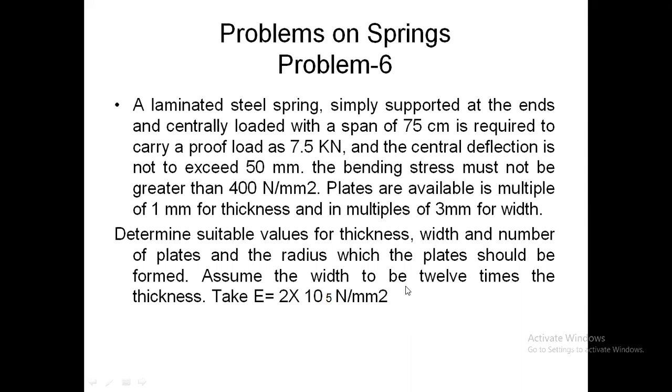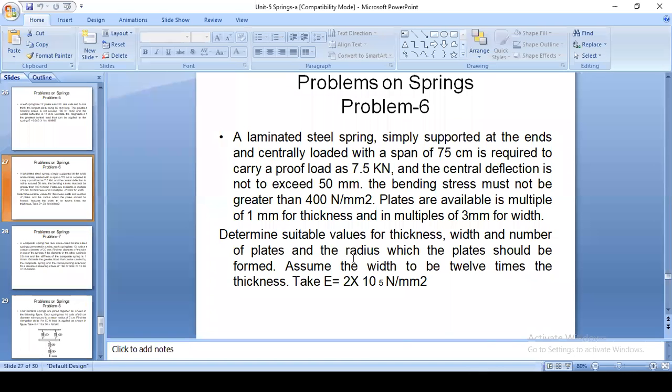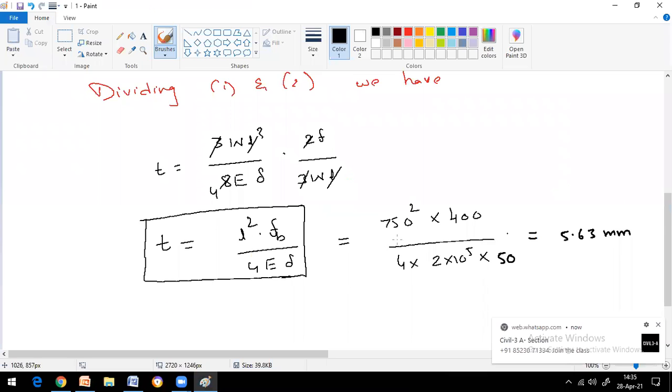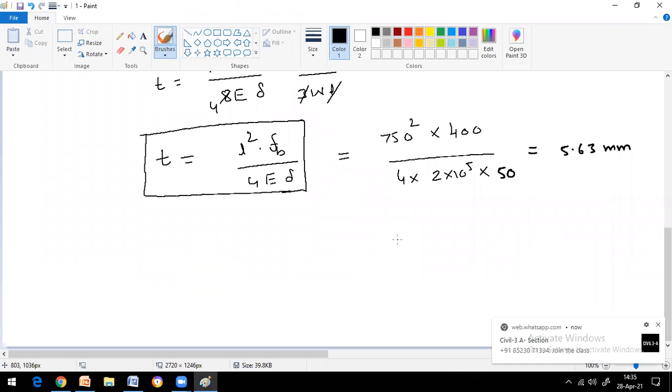So how are we going to write this statement, which was given in the problem? We are going to write it like this: to the nearest 1 mm, as given in the statement.